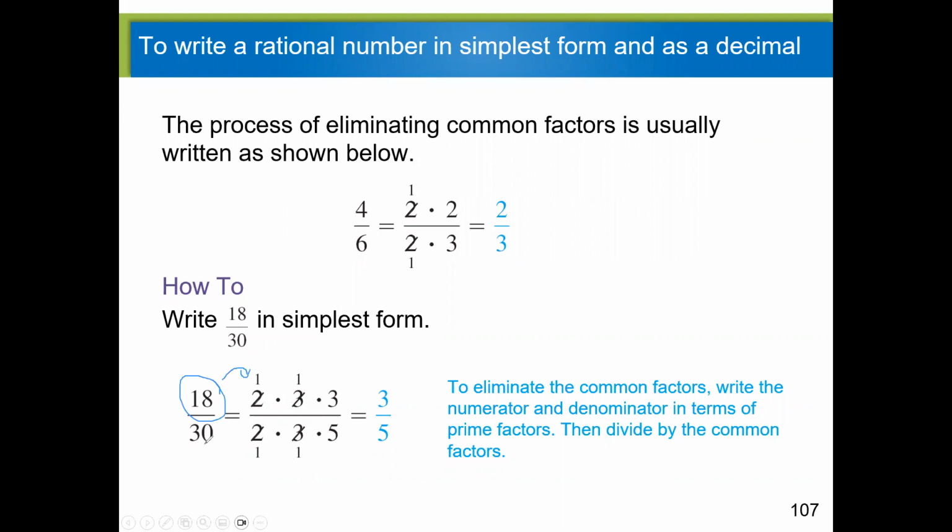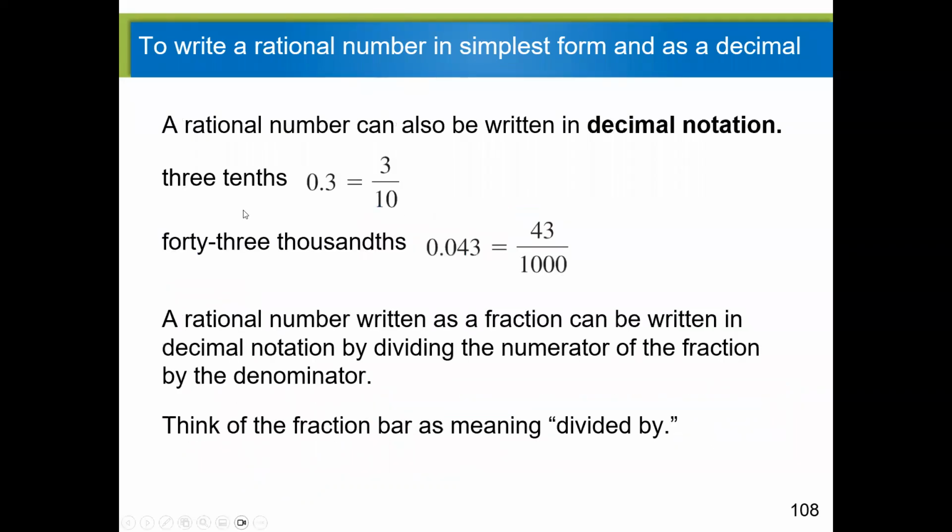I can do the same thing with 30 and then compare those factors. Now I notice I have 2s and 3s shared, so those can just be blanked out because that equals 1. That's irrelevant. And the only things that are not shared are 3 and 5. So therefore 18/30 and 3/5 are the same ratio, but one is just a bigger version of the other.